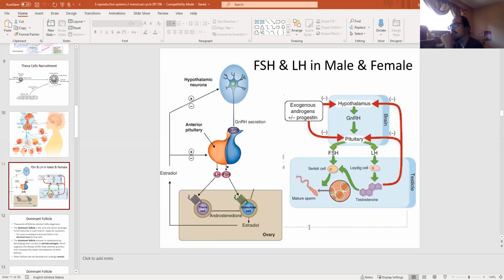And this testosterone, just like the estradiol, will provide a negative feedback to the hypothalamus and the pituitary glands. So that's a comparison of these two.